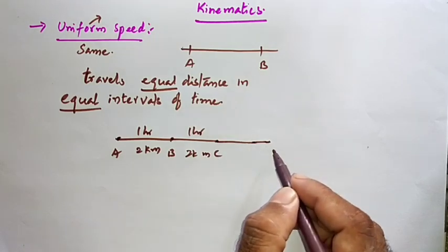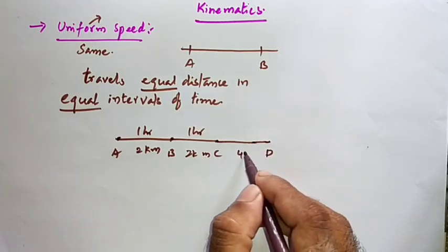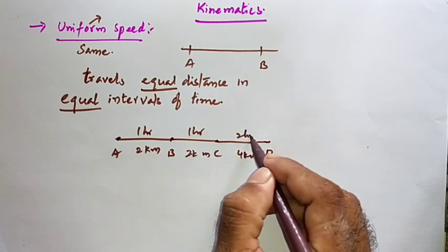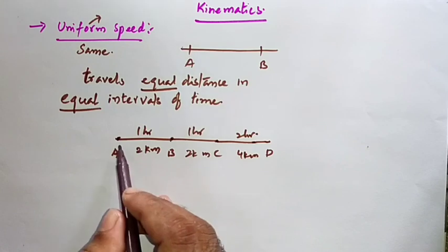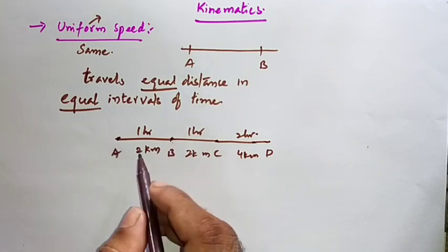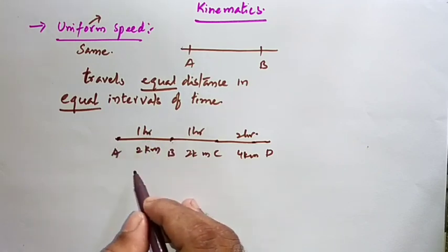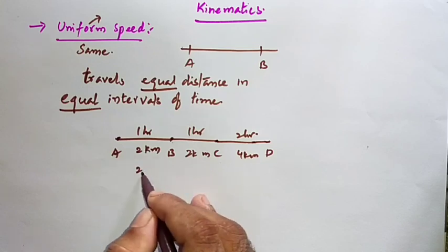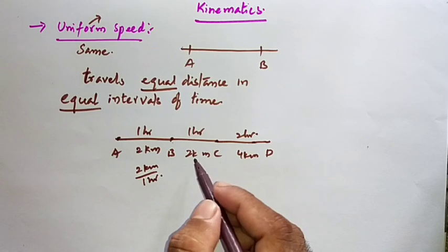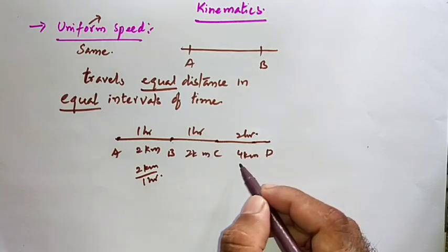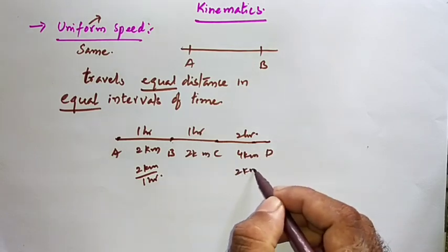Next C to D, it covers 4 kilometers in 2 hours. Does it have uniform speed or not? What is the speed of the body? Distance by time, 2 kilometer by 1 hour, so 2 kilometer per hour. Here 2 kilometer per hour, here also 2 kilometer per hour.